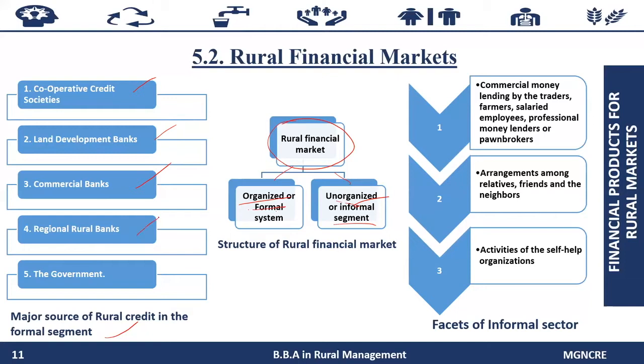And regional rural banks: the government set up a network of regional rural banks for the special needs of marginal and small farmers, rural artisans, the poor in rural areas, and landless workers too.